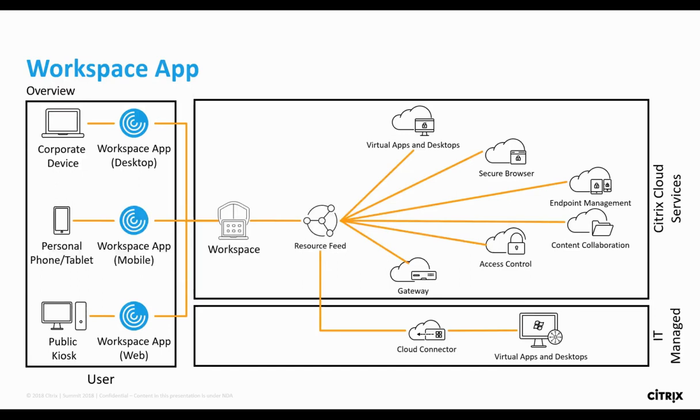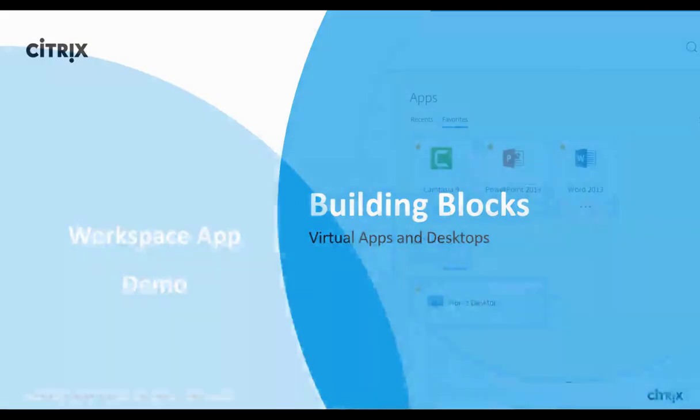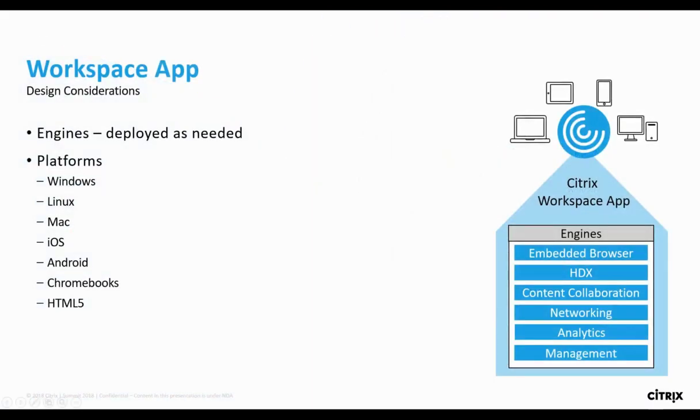Now, the next thing we want to take a look at is, I think I went a tad too far. There are a couple of design considerations. When it comes to Workspace app, all those engines are not all deployed at once. There's the overall Workspace app, and then those engines get deployed as needed, based on the different services the organization subscribes to.